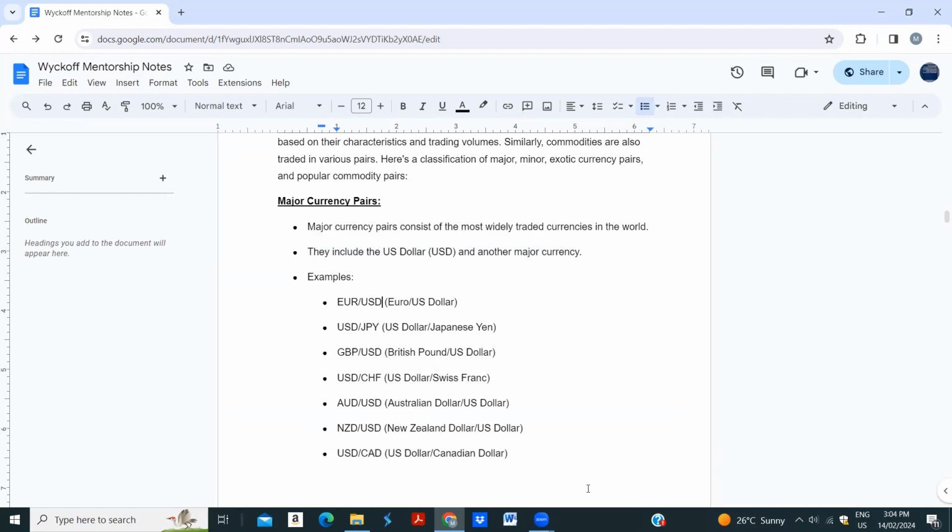Every one of these currency pairs always has the US dollar, either as a base currency or as a quote currency, and the other currency belongs to the major currencies of the world.